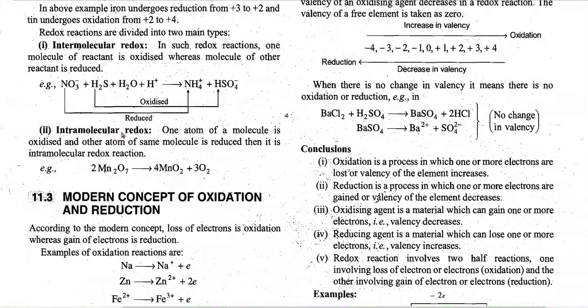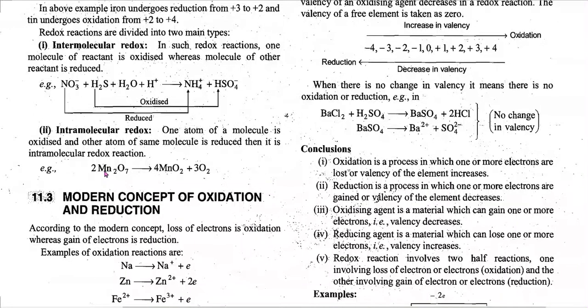The other type of redox reaction is intramolecular redox reaction. In this type of redox reaction, one atom of a molecule like Mn is oxidized and the other atom of the same molecule, Mn2O7, is reduced. The other atom is oxygen. One atom is manganese, another atom is oxygen.